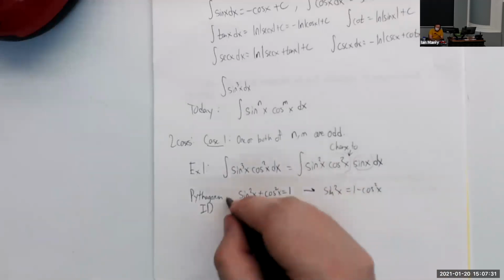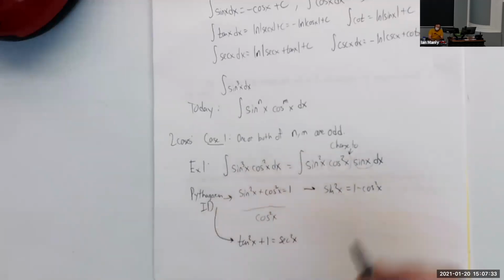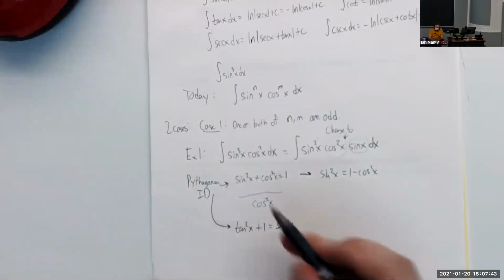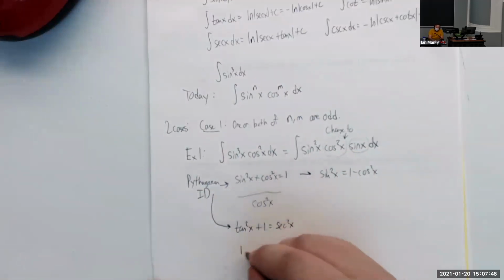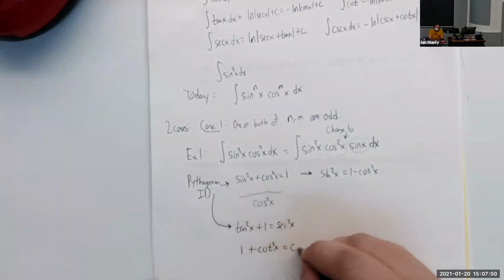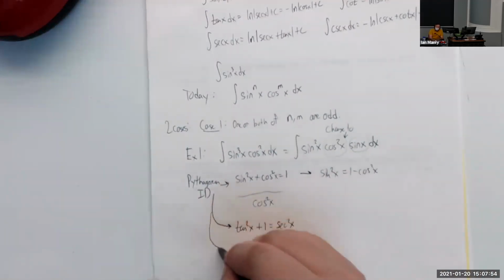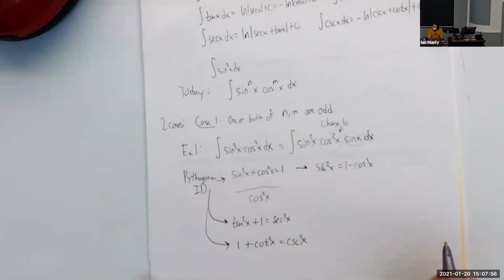So this is another Pythagorean identity that we're going to be using quite a bit. Tangent squared plus 1 is equal to secant squared. So we can get this by dividing the original one by cosine squared. And if we divide the original one by sine squared, we have 1 plus cotangent squared is equal to cosecant squared. So this is also a Pythagorean identity as well.